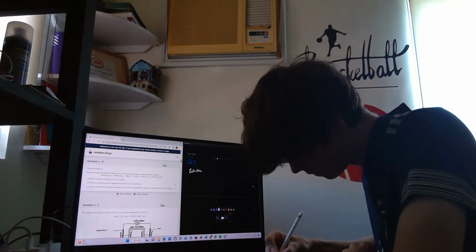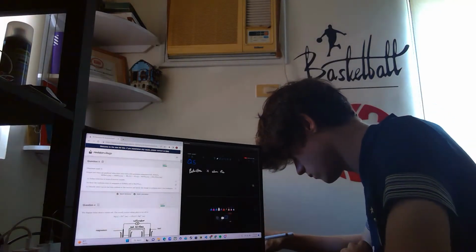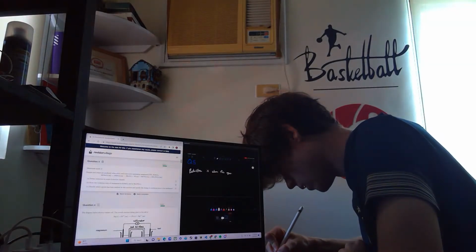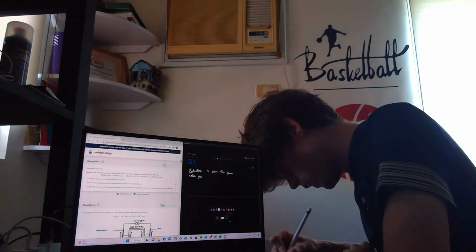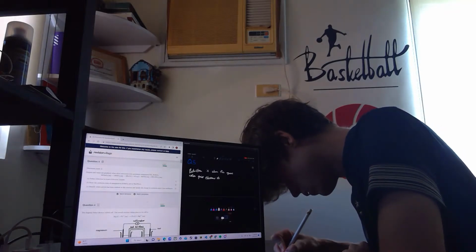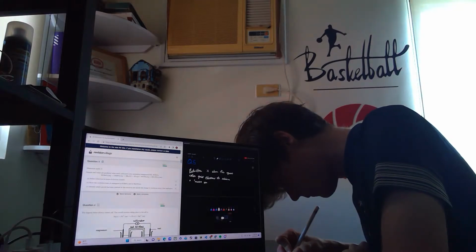Reduction is when the aqueous cation gains electrons to achieve a quote-unquote neutral state.